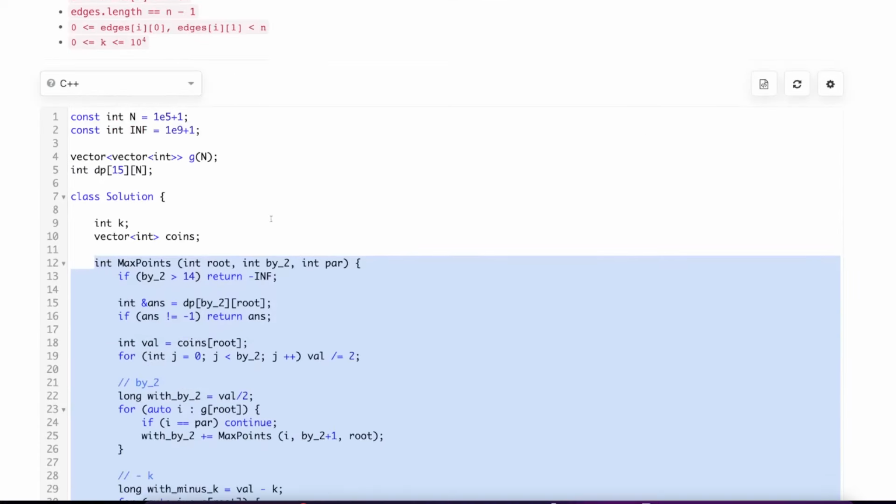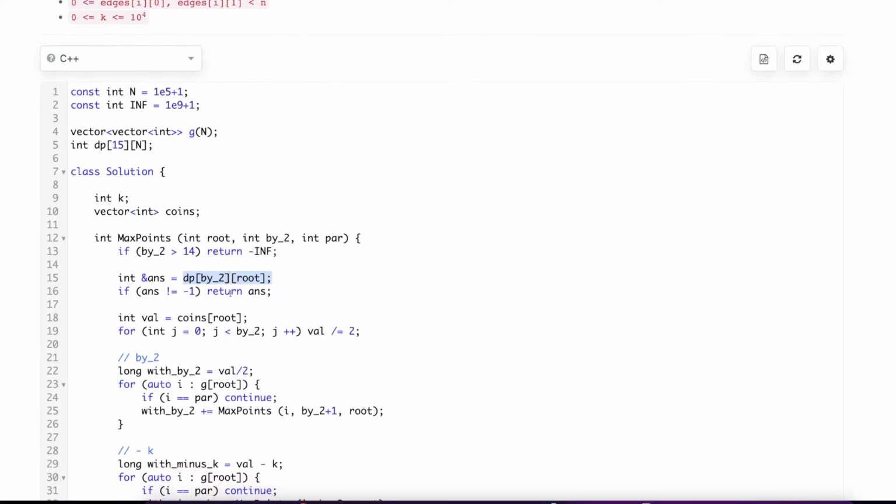So instead of taking the parent as a parameter, you can just simply do int parent equals the array in which you have stored the parent, parent of root. So this parent is actually derivable from root, and because that's the case, you don't need to put this inside this dp array, even though it is a part of the recursion. You can try to iterate it a couple of times and you will see what exactly I'm trying to say.